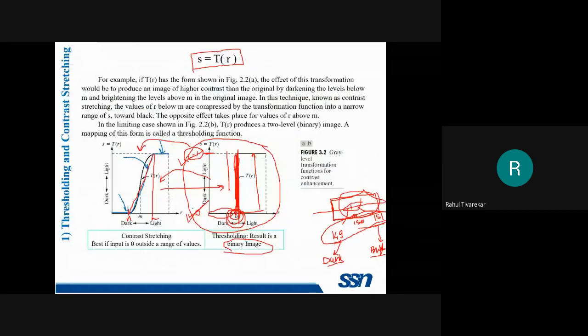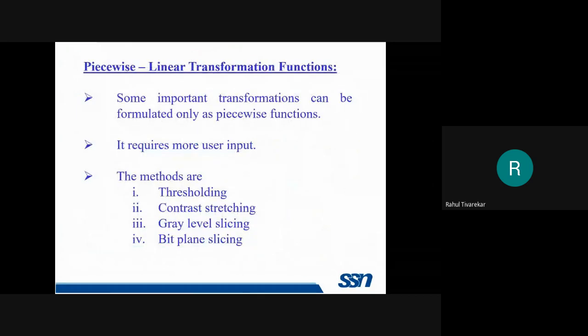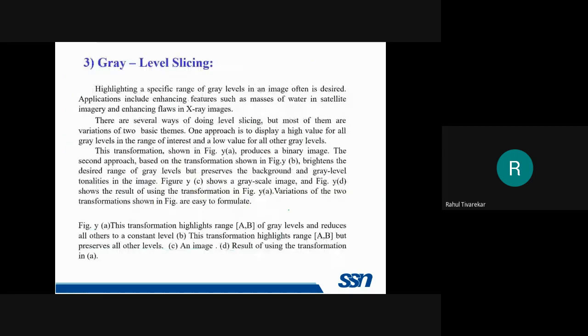After thresholding and contrast stretching, we have the third category of piecewise linear transformation, that is gray level slicing. So we will see what gray level slicing is. It is often desired to highlight a specific range of gray values in an image. So what I am talking about is, don't contrast stretch that image, just highlight a specific range of gray values. For example, suppose the actual data in my image lies between say 50 to 130.